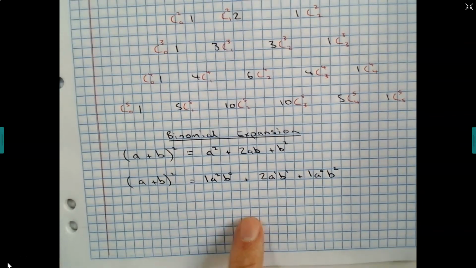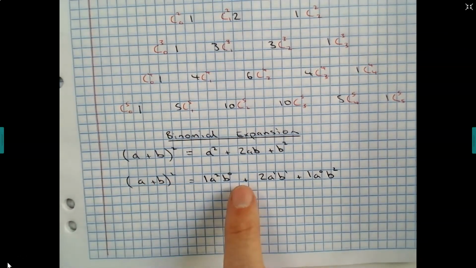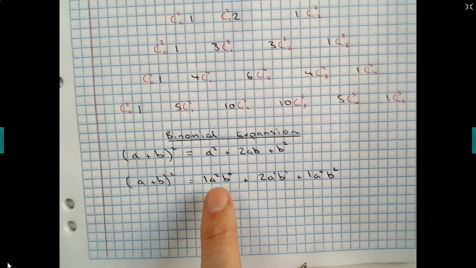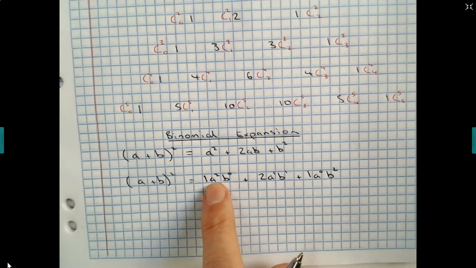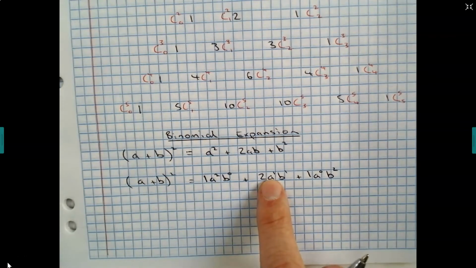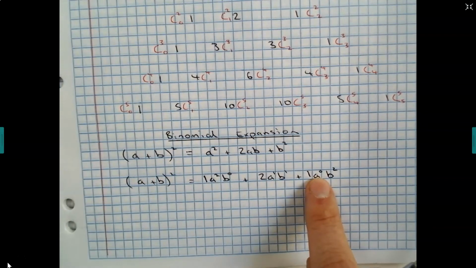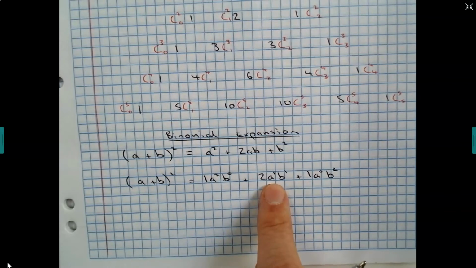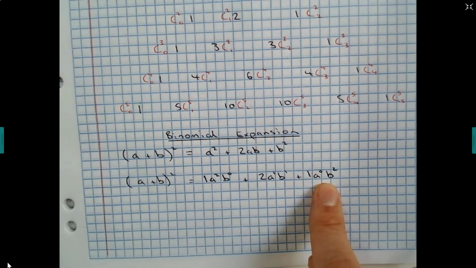All right, so in here I had a and b, so that's why I've got a and b in each of these terms. Now what's happening to the power of a as we move through these terms? It was a squared, and then it was a to the power of 1, and then it was a to the power of 0. And then here it was b to the power of 0, b to the power of 1, and b to the power of 2.